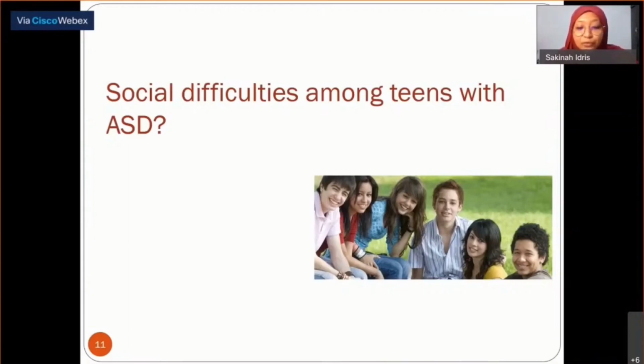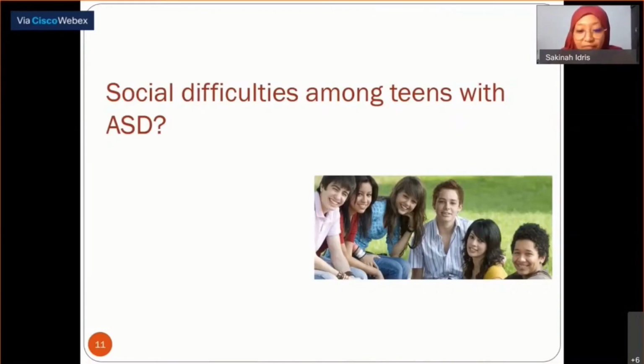Socially, when the child tries to make friends or communicate with a group of friends, he or she might barge into the conversation, interfering with the social interaction between a group of people. That might also not be liked by their friends.